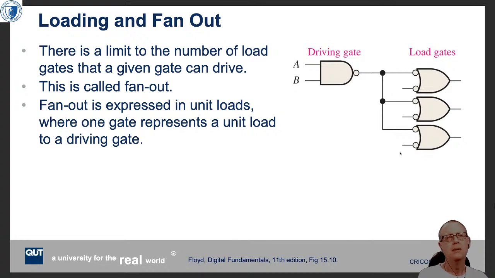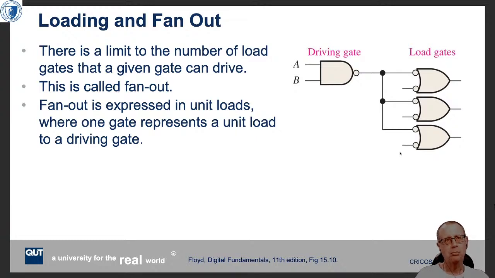Another physical thing that you have to take into account sometimes is that gates take current in order to register their inputs. The output of gates has to supply current. If you have lots of inputs connected to a single output, it's possible that that single output cannot generate enough current to drive the inputs it's connected to.